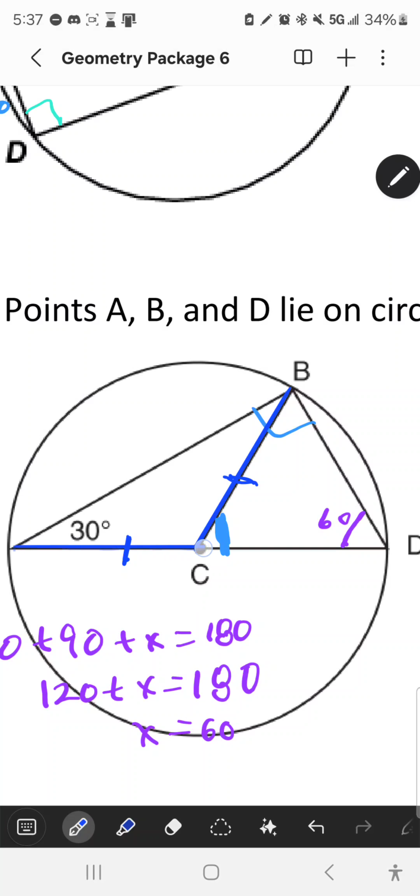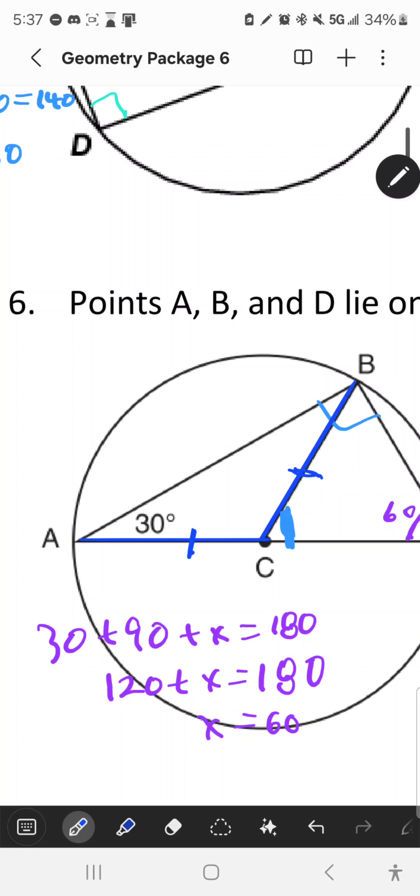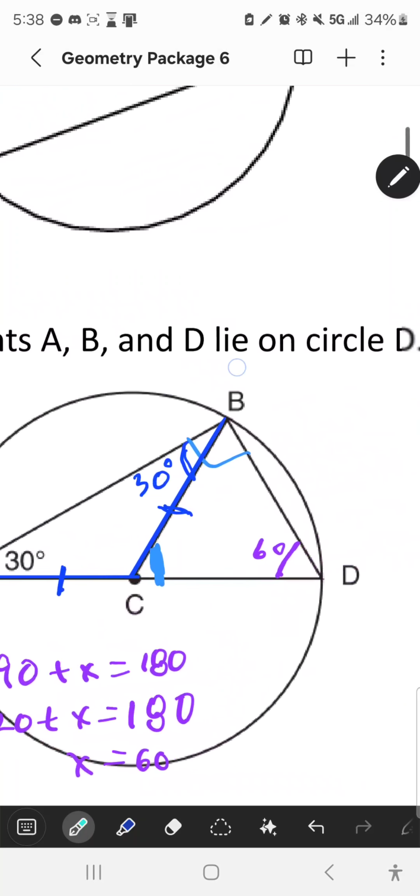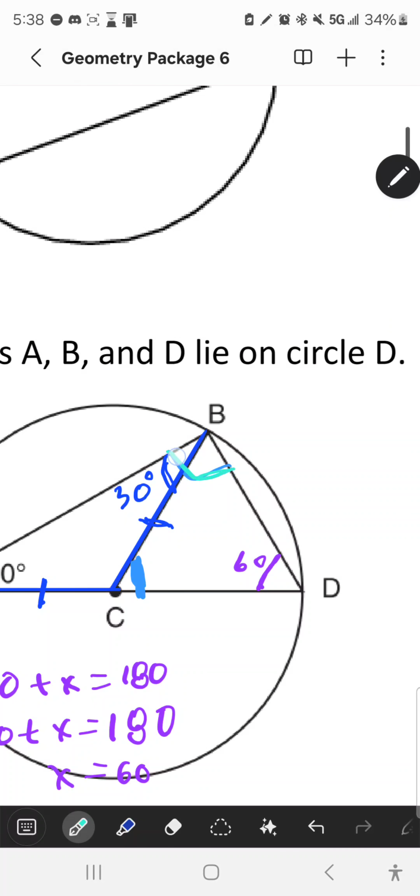So we can say that triangle ABC is isosceles, so this is also going to be equal to 30 degrees. Now we know that the whole angle here is 90, so I can say that 30 degrees plus y equals 90. So y, which is this angle right here, equals 60.